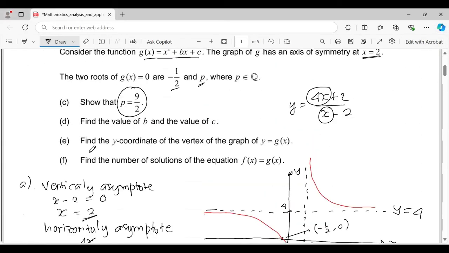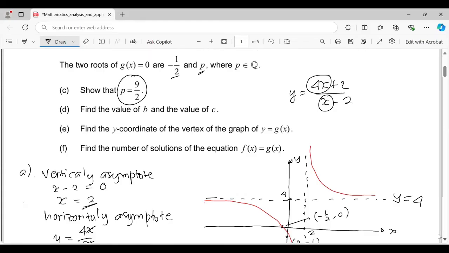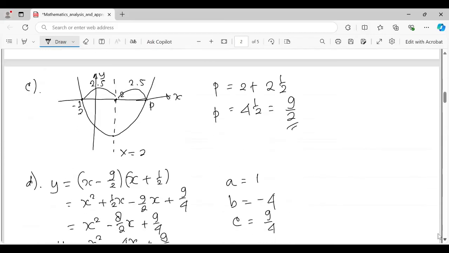Next. E. Find the y coordinate of the vertex of the graph of y equals g(x). So we are going to find this vertex. Just now I told you that this is the vertex. If x equals 2, how much is y?